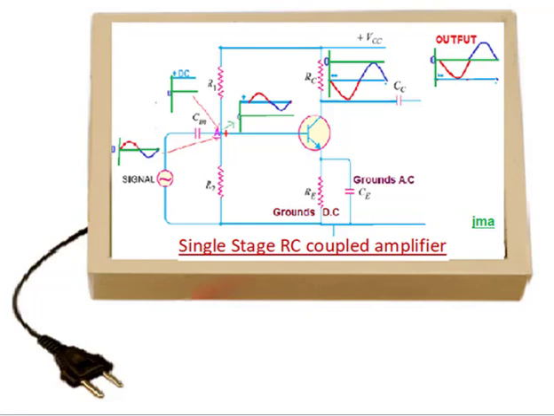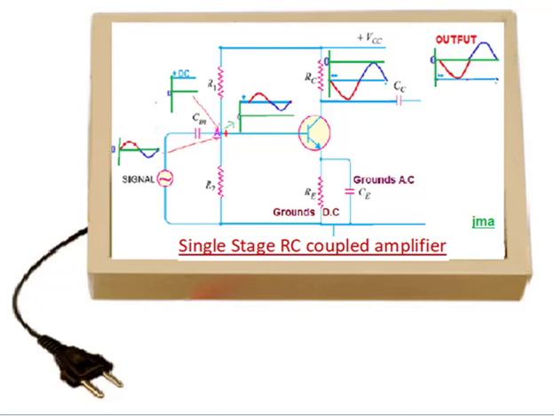This single stage RC coupled amplifier is a common emitter mode amplifier. Here the emitter is grounded. It is a single stage RC coupled. What is R? R is the resistor, C is the capacitor. The resistor and capacitor are passive elements used to couple the amplifier.